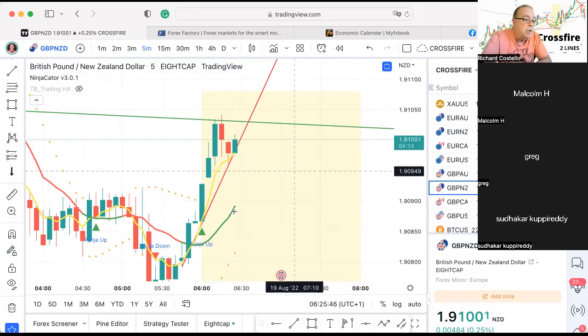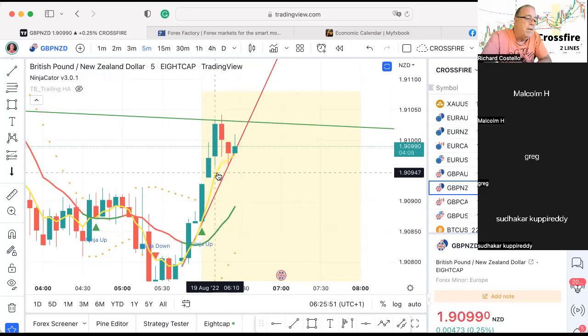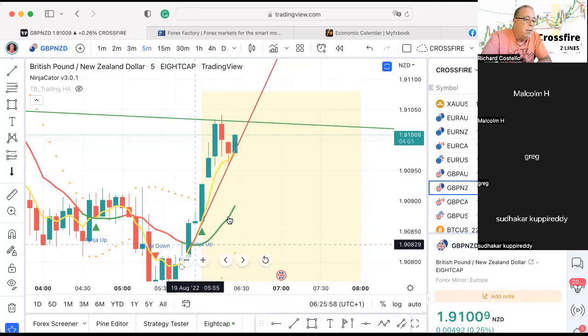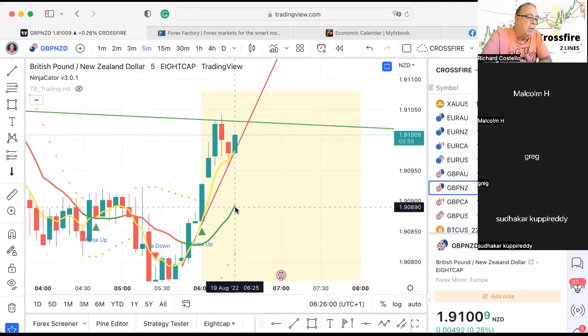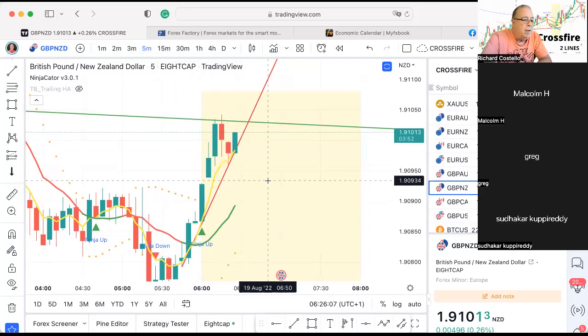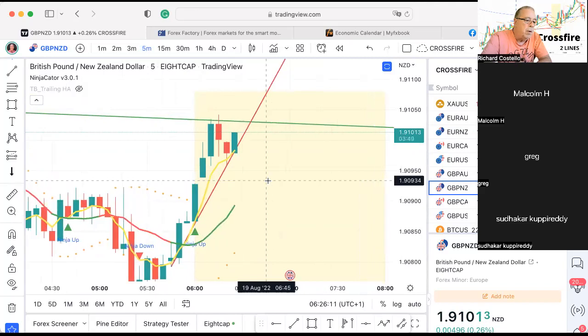So we've now got 2 moving averages. We've got the yellow, which is a 5 moving average, and this one is the one that changes from red to green. That's why we call it a trend change moving average. So that's the 13. That's the average of the previous 13 candles. That's the average of the previous 5 candles, and it's a really good indicator to let you know which direction price is going in.